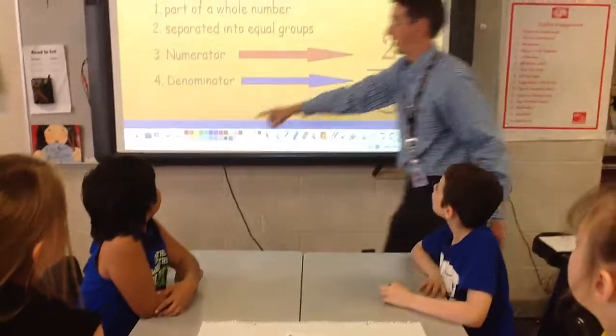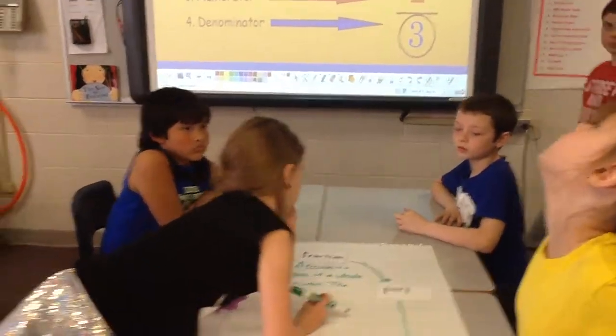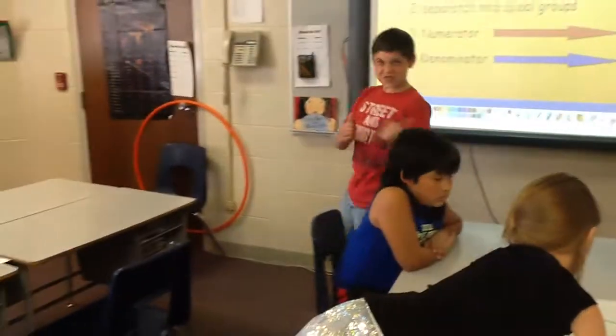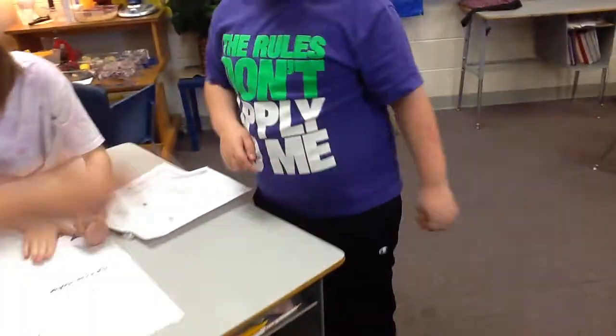Whole number. Okay. Well, we had that number there. Erased it. It's part of the whole number, broken down into equal parts. Okay. We had to put a word right here, and then we do like this. We're all working together.